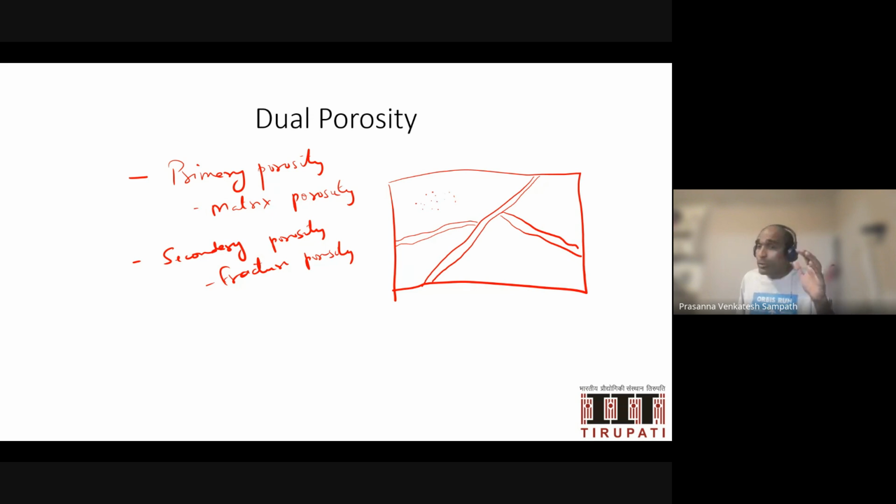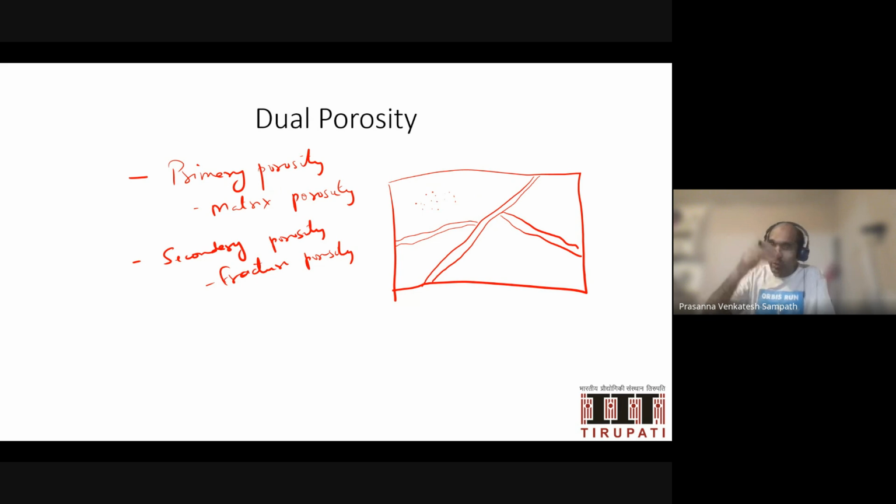Now the primary porosity is not going to be huge. It's going to be very small. It might be 2%, 1%, 3%, something like that. But whatever water drains out of this sample initially will all be the secondary porosity. And only afterwards, the water that is stored inside the rock, which is a very small, insignificant portion, will be released.